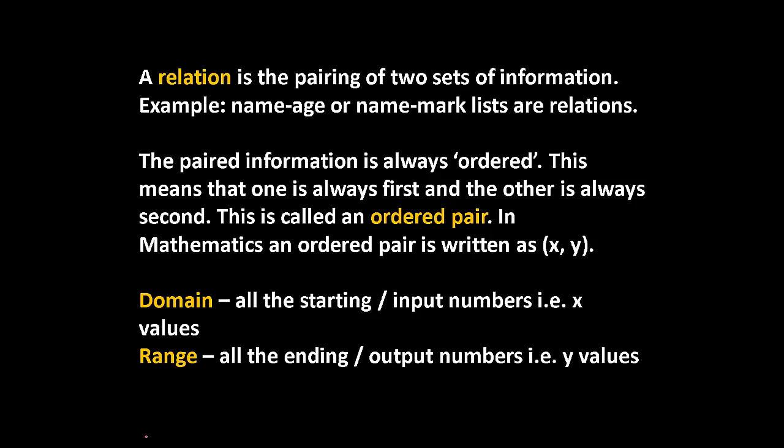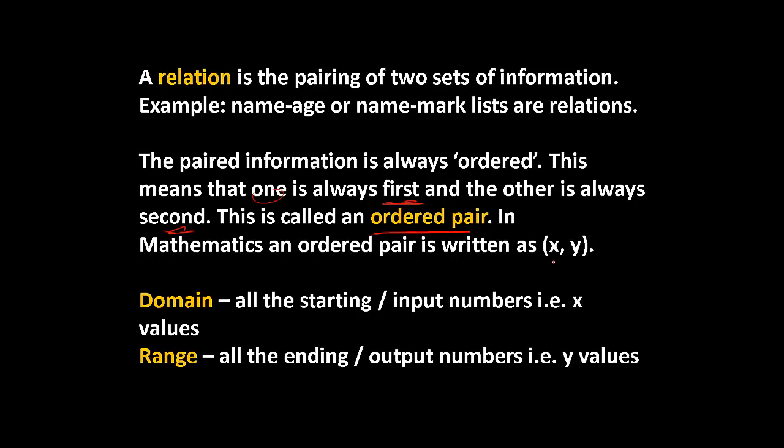It will always be name first, then mark. This is important in math because in math we're using numbers. So in the ordered pair, one number will always be first and the second one will always be second. It will always be in the same order. This is called an ordered pair.